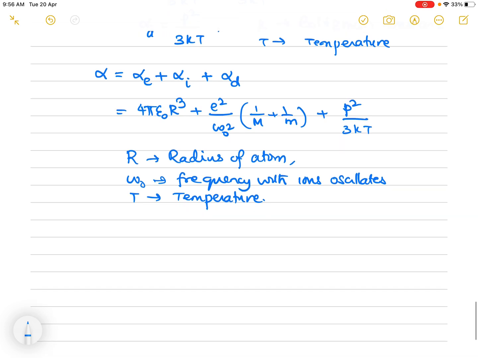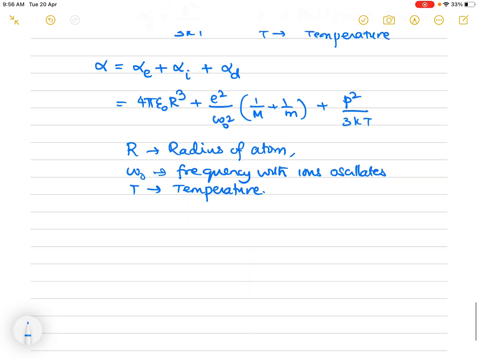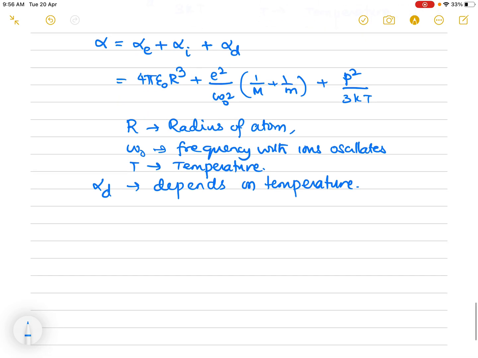Almost all substances show electronic, ionic and dipolar polarizability. But there are substances, for example silicon and germanium, where we see that there is only electronic polarizability.